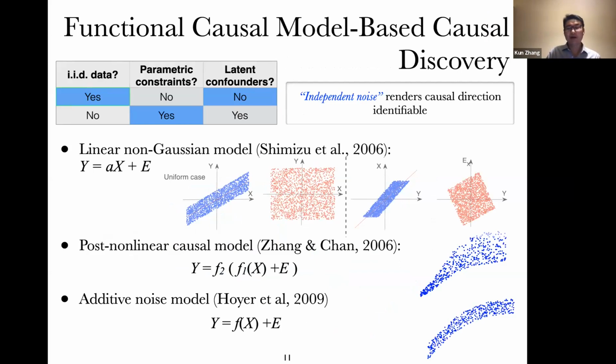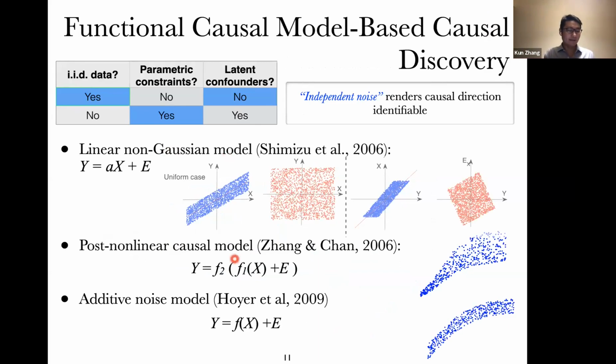And then if you are willing to make some assumptions about the underlying causal mechanism, all of a sudden, even if you have only two variables without time information, you can discover the causal direction between them. By assumptions on the causal mechanism, I mean some functional causal models.